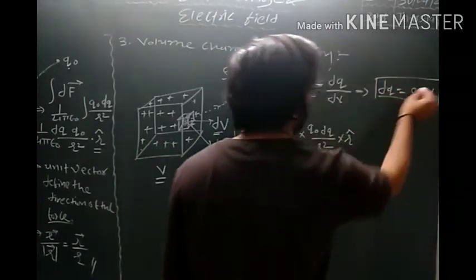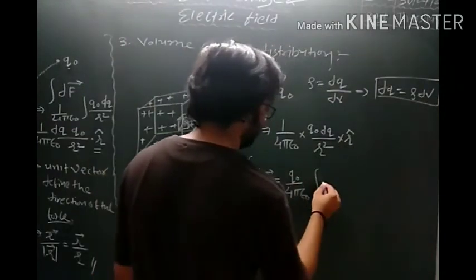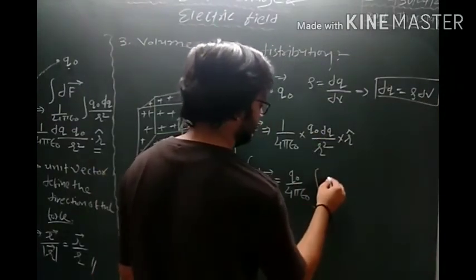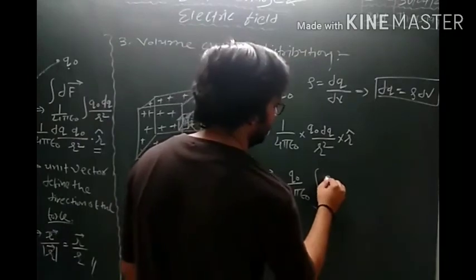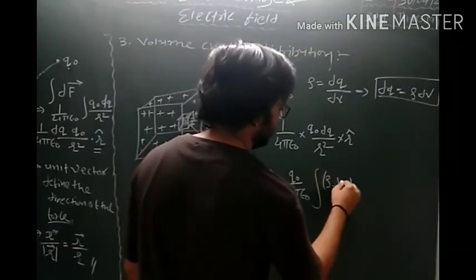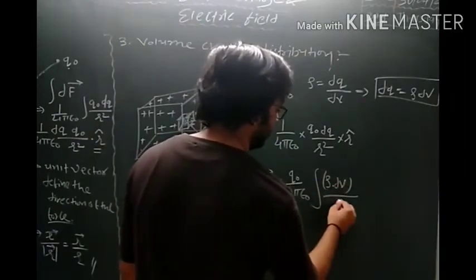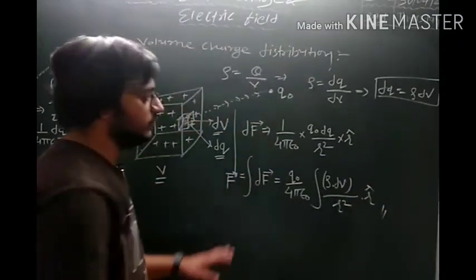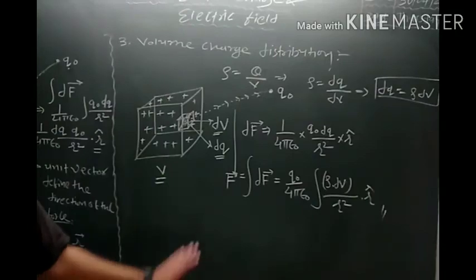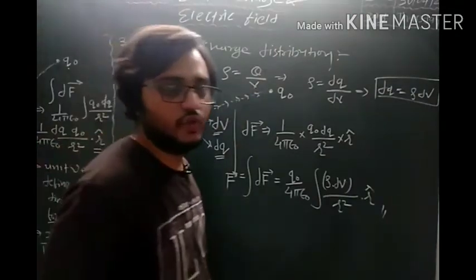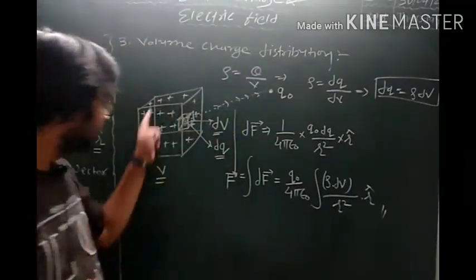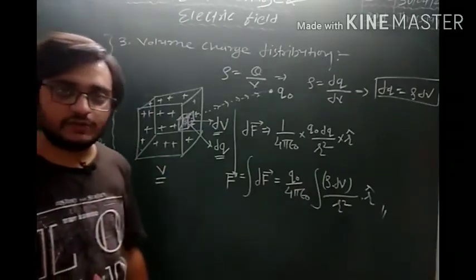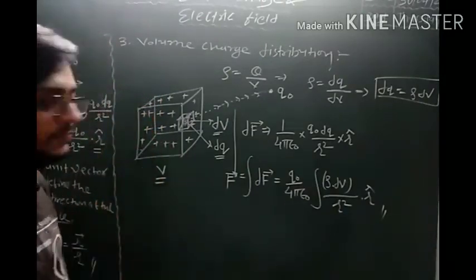So replace dq with rho into dV, upon r square into r cap. So this is our final force acting on charge Q naught, due to all this charge distribution lying in this particular volume.